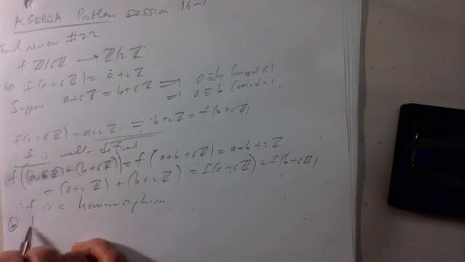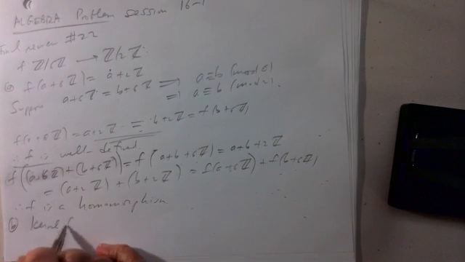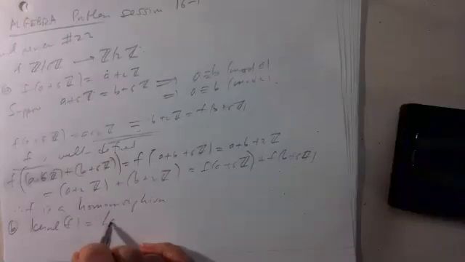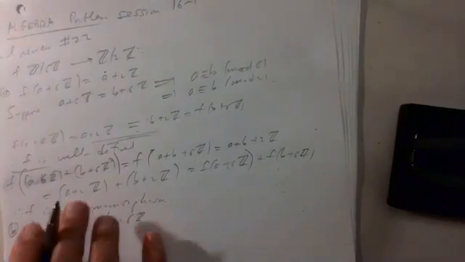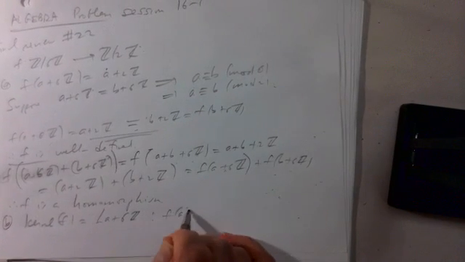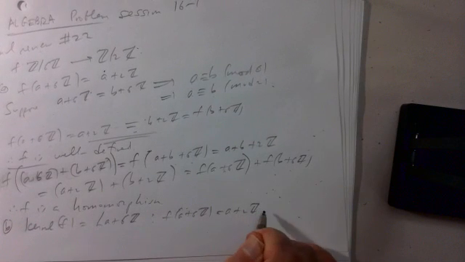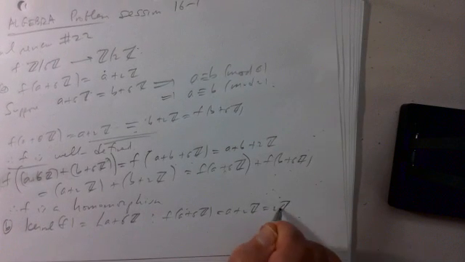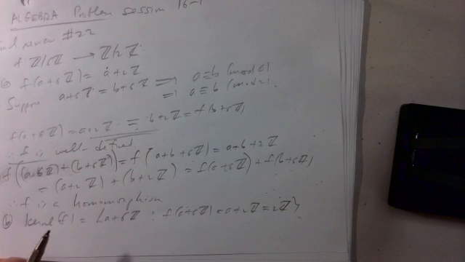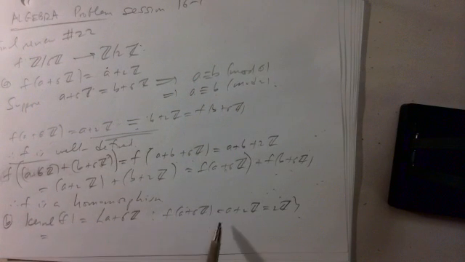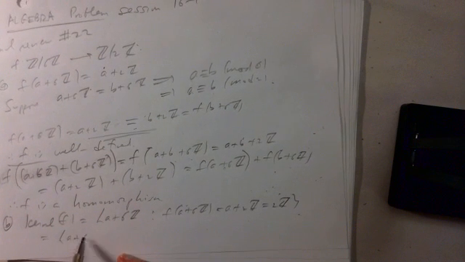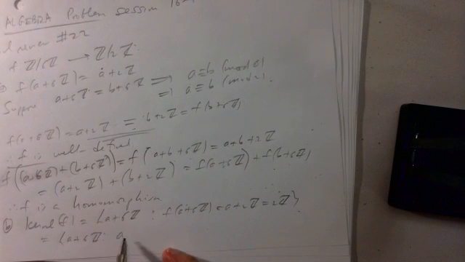For part B, the kernel of f, it's all congruence classes a plus 6Z such that f of a plus 6Z, which is a plus 2Z, is the zero congruence class 2Z. And this just means all a plus 6Z where a is even.